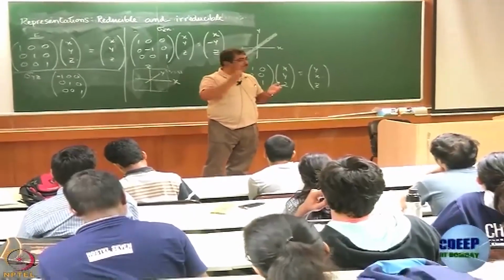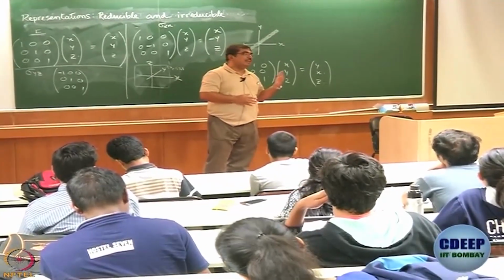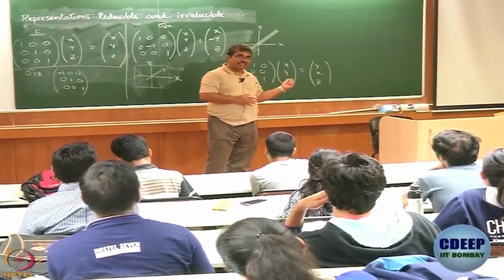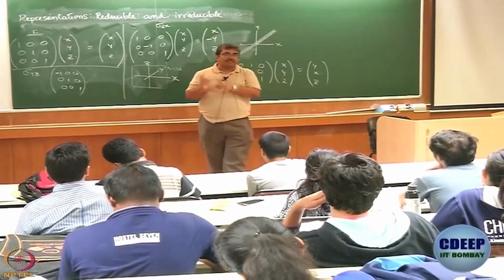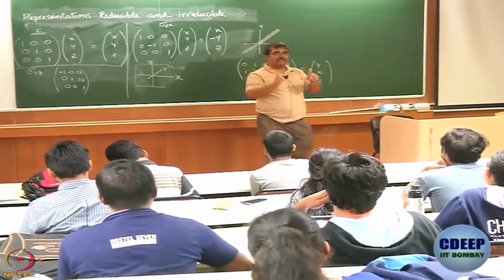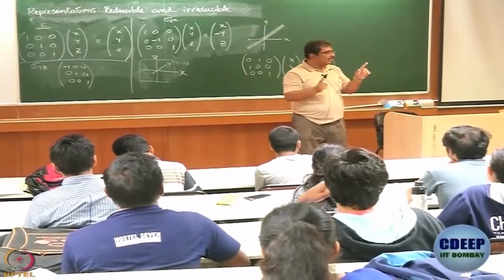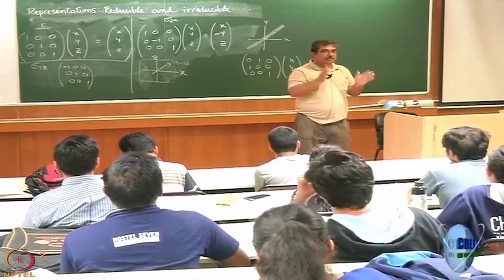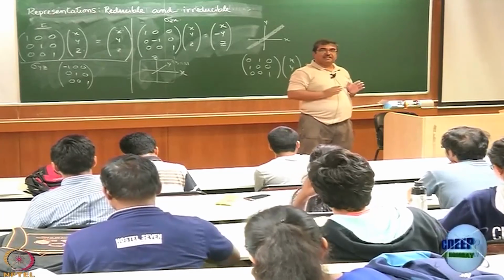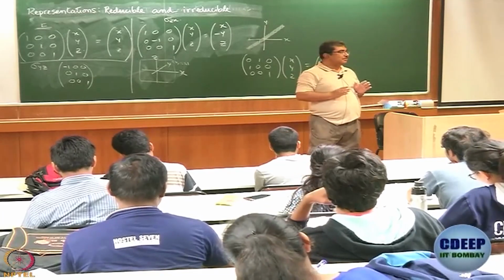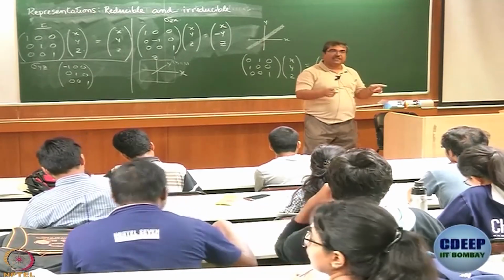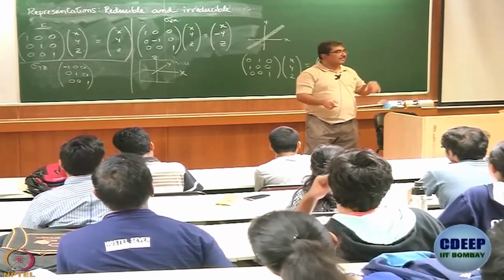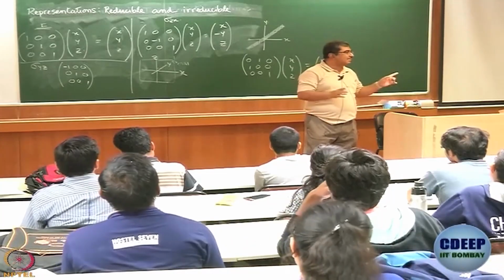What is the meaning of a diagonal matrix? What is the meaning of a non-diagonal matrix in this case? A diagonal matrix means x remains x, it can change sign or it can remain itself. So a very simple symmetric antisymmetric relationship holds. y remains y or becomes minus y, nothing else is possible. z remains z or becomes minus z, nothing else is possible.